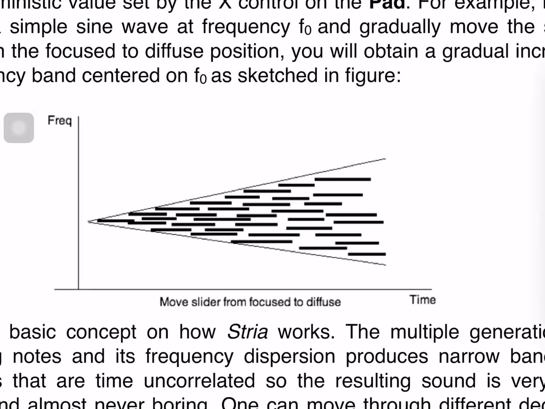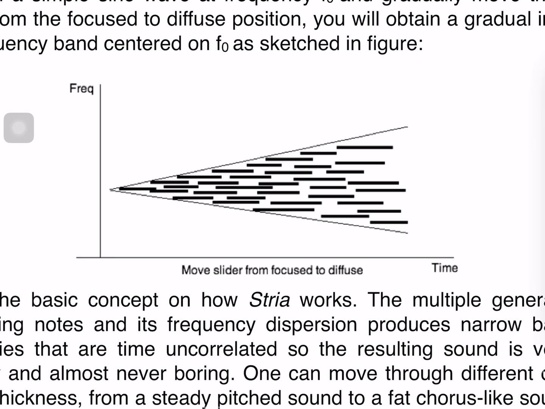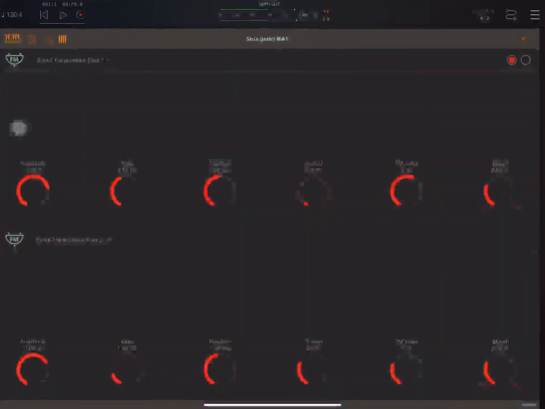If you look at this diagram here, when we have zero spread, we have maybe one note, depending on how we've set some other things up, but basically the sound is extremely focused. And then if we increase the spread, we get more variety of notes, a thicker sound, and more potential for disharmony.